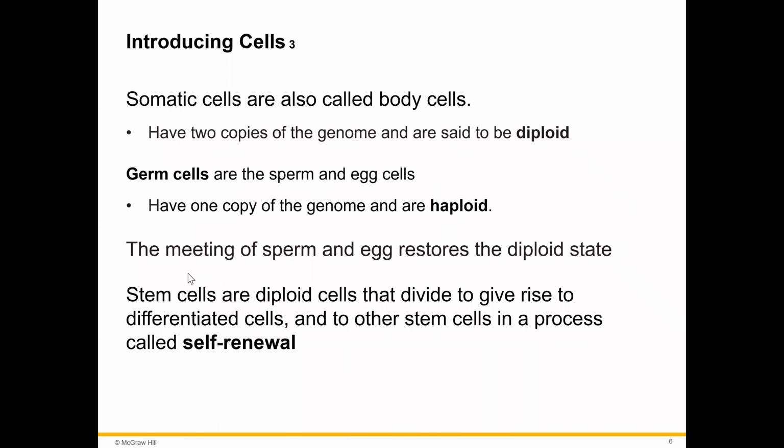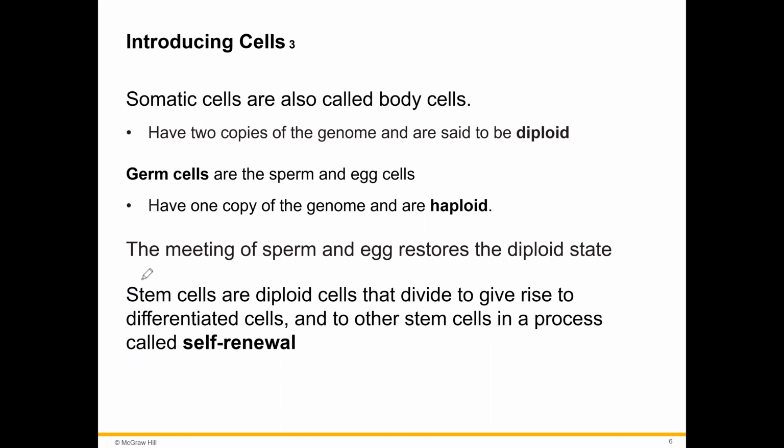Stem cells are diploid cells that divide to give rise to differentiated cells and to other stem cells in a process called self-renewal. To be a stem cell, they must have two properties. First, they need to be able to differentiate into different cells. And second, they need to self-renew.